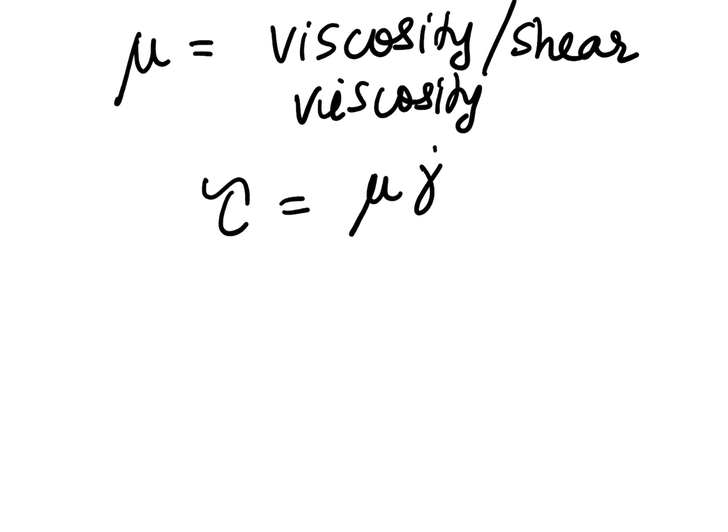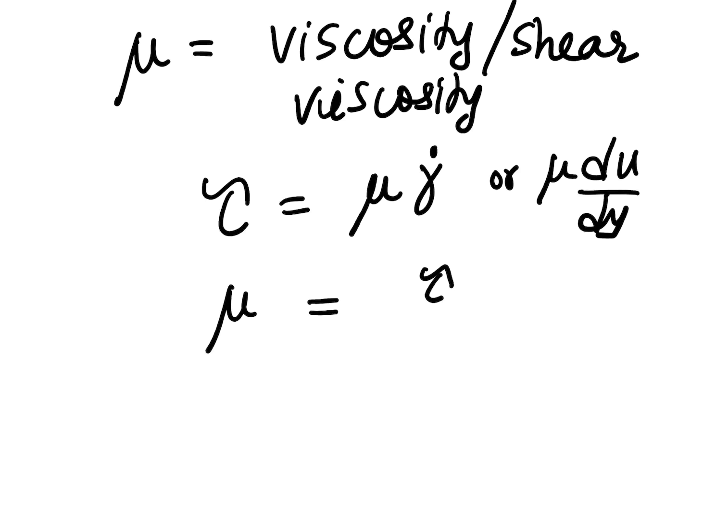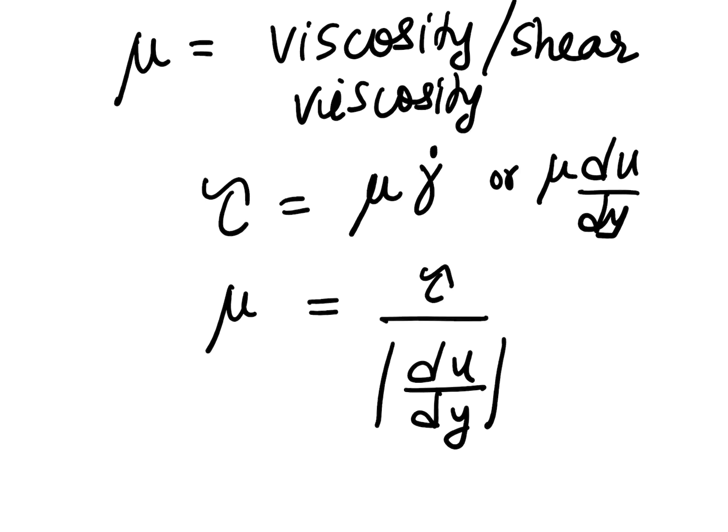Tau is equal to mu times gamma dot, or mu times du by dy. This is the definition of viscosity. Viscosity is defined as tau divided by du by dy.